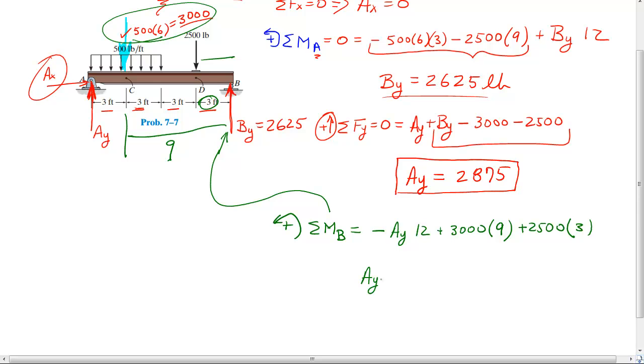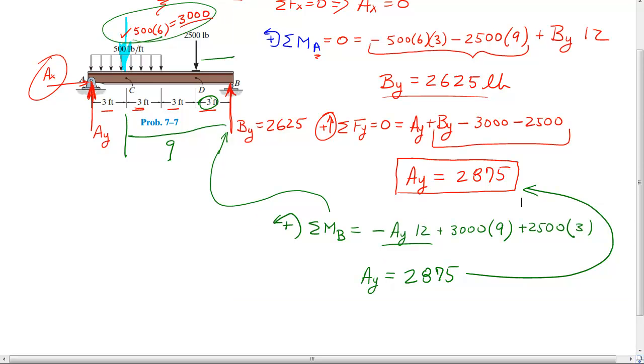So that tells you AY, moving this term to the left-hand side, is, not too surprisingly, 2875. Same number you got there, you should get the same number. If you don't, something happened. So we've actually determined those loads.